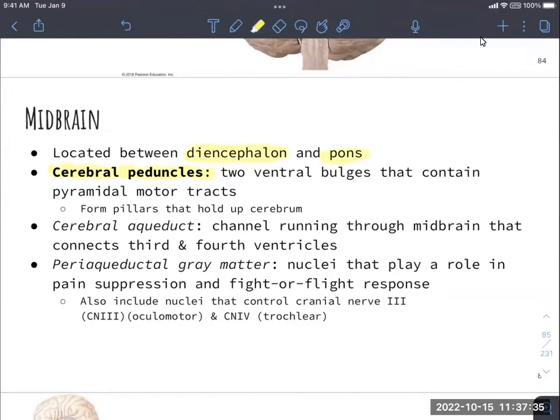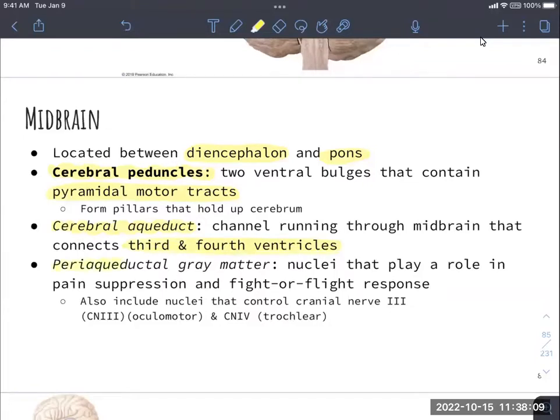And they have pyramidal motor tracts. So motor tracts are coming out of the brain down to the spinal cord to initiate some kind of movement. We have a cerebral aqueduct. Remember when we talked about the ventricles? That's what connects our third and fourth ventricle, that cerebral aqueduct. Well, that's found in the midbrain.